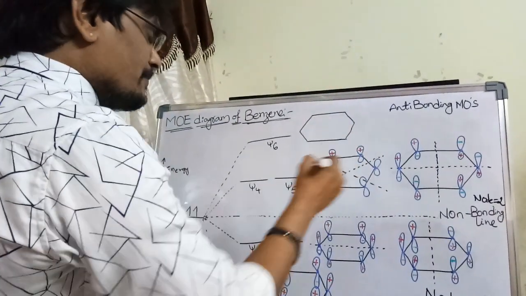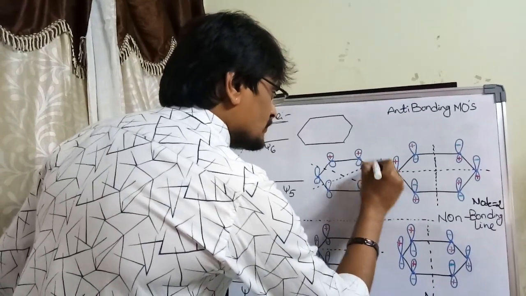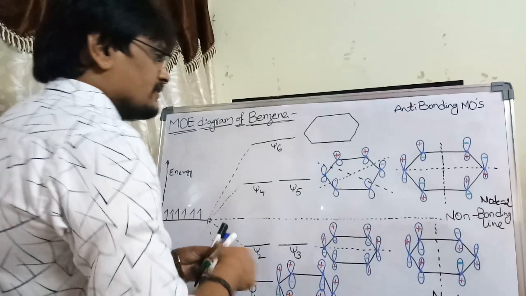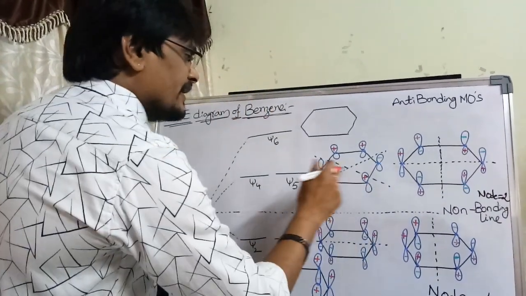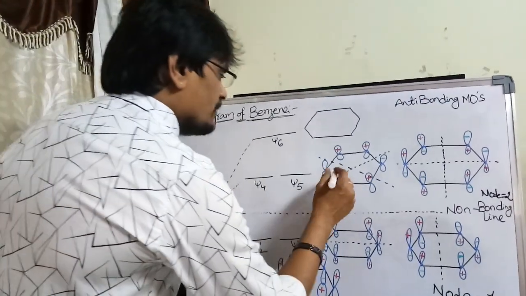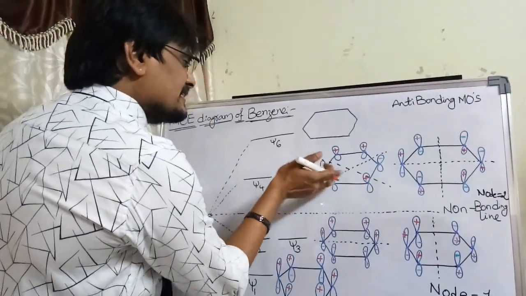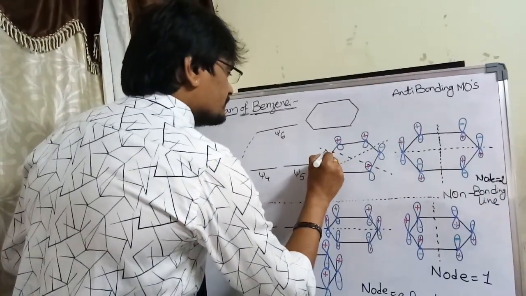There is a line in between, so it changes its sign, negative. There is a line in between, the sign will change, positive. There is no line in between, so it will be positive. And there is a line in between, it is negative.